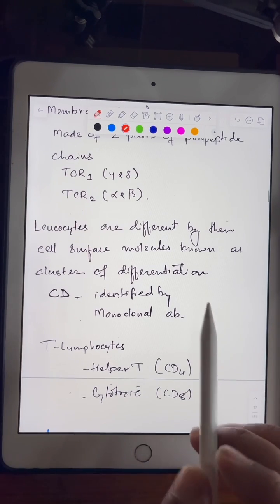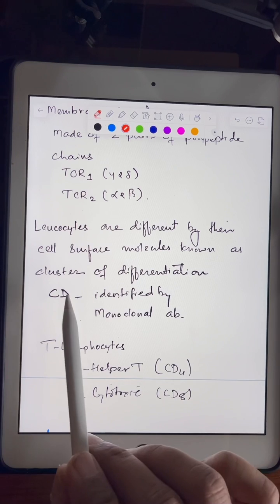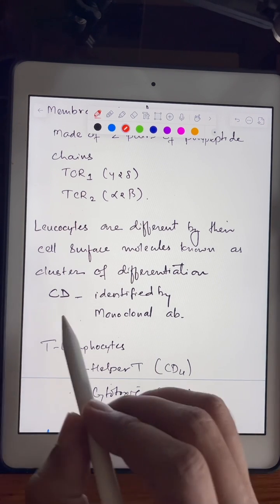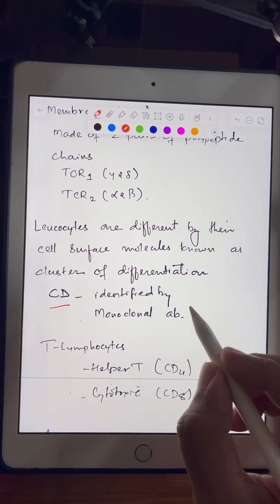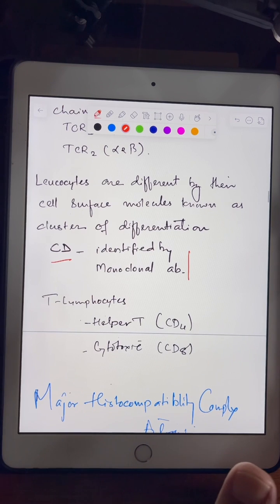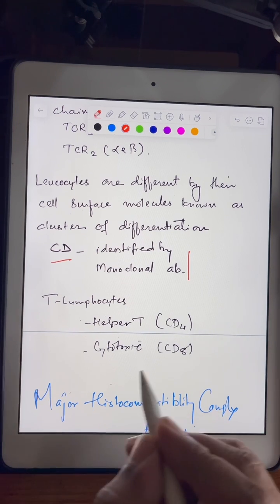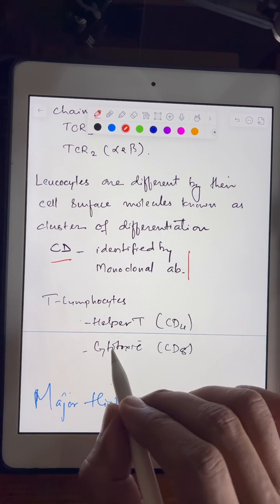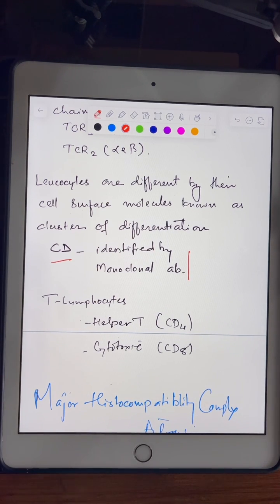Leukocytes are differentiated by their cell surface molecules known as cluster of differentiation, CD. These are identified by monoclonal antibodies. T lymphocytes are CD4 and CD8. CD4 are helper T cells and CD8 are cytotoxic.